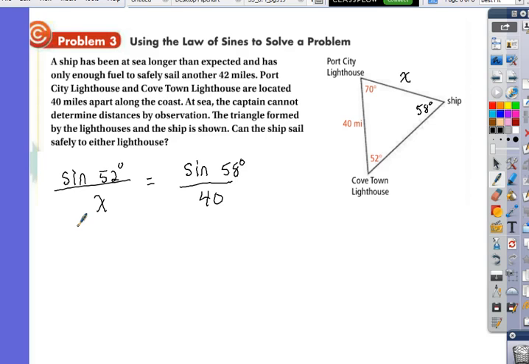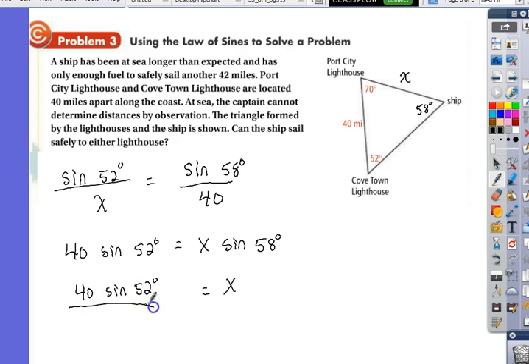Is everybody with me? All right. So I'm going to cross multiply, and I'm going to get 40 sine 52 equals x sine 58.